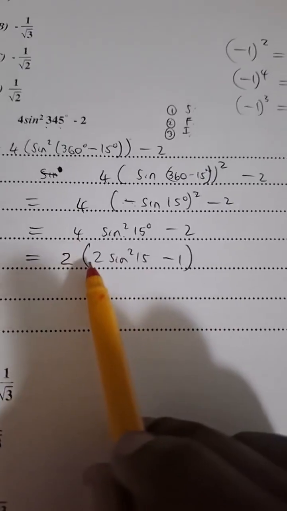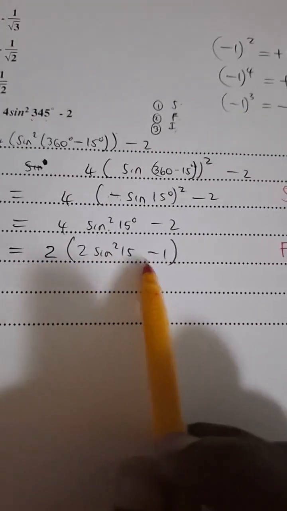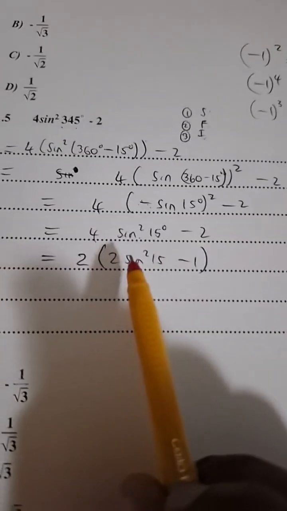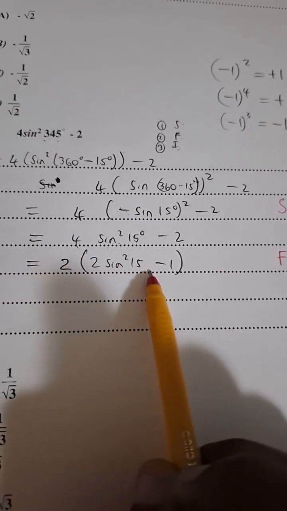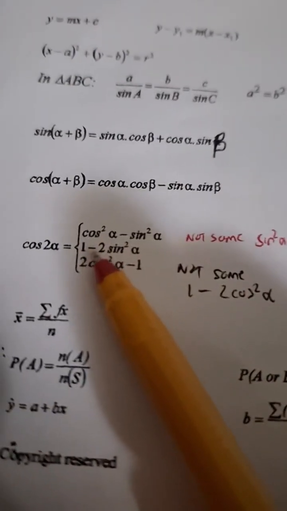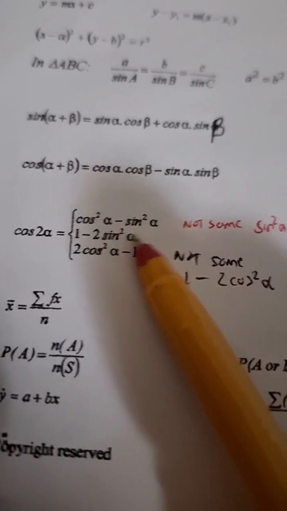Is there any further factorization that can be done from here? Well, if you go to what you have in brackets, what does it look like? It sort of looks like this: 1 minus 2 sine squared alpha. But is it the same thing?